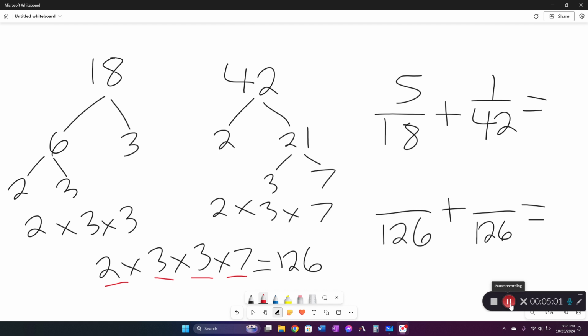So we've got to multiply 18 by 7 to get 126. Only thing that it was missing out of this mix. So remember, when you're making equivalent fractions, whatever you do at the bottom, you've got to do at the top. 7 times 5 is 35.